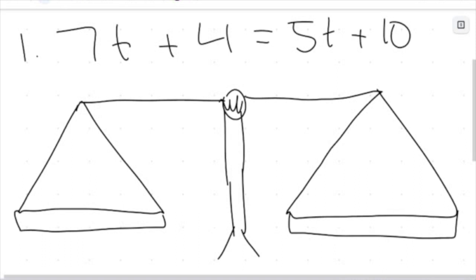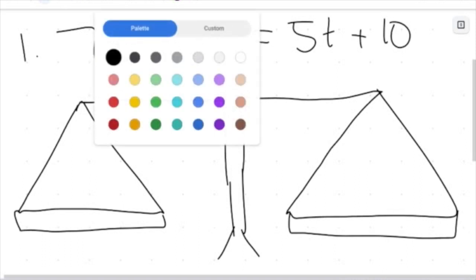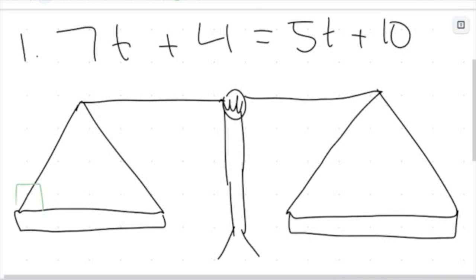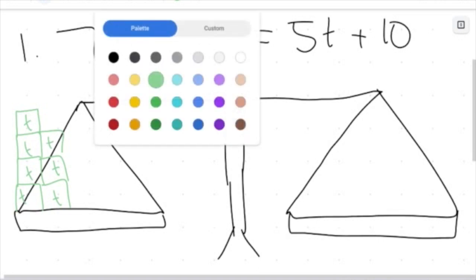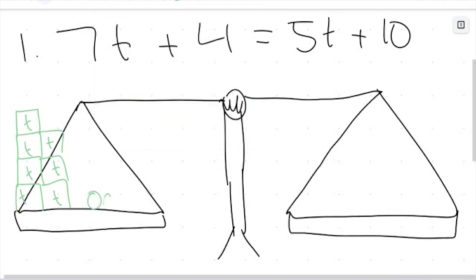So if I have, for example, 1, 2, 3, 4, 5, 6, 7. So let's call this t. So each t is a bag or a box of marbles here. And I have another 4 marbles left. I've drawn that here.